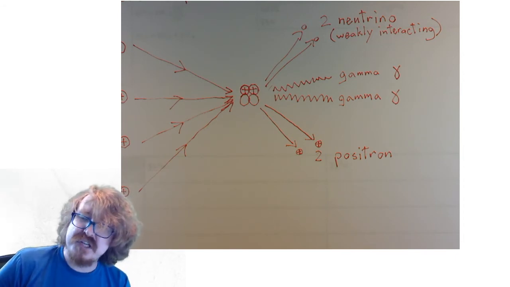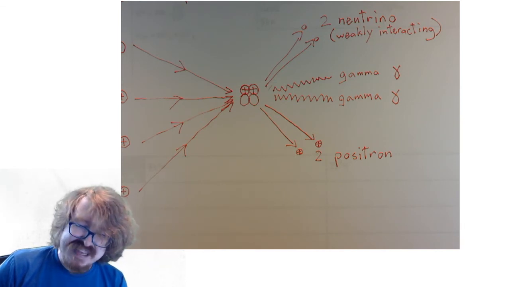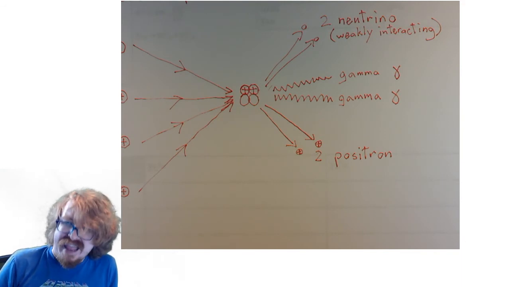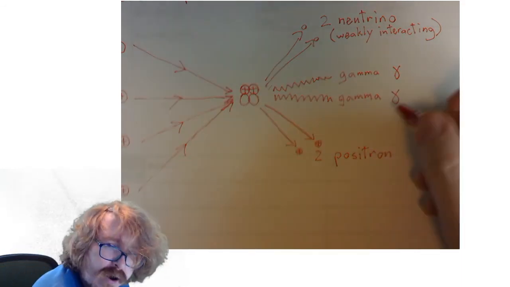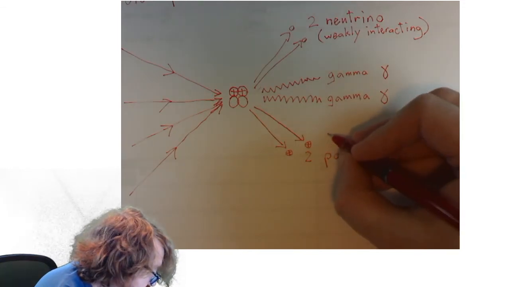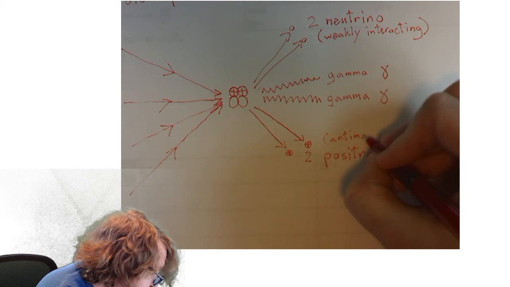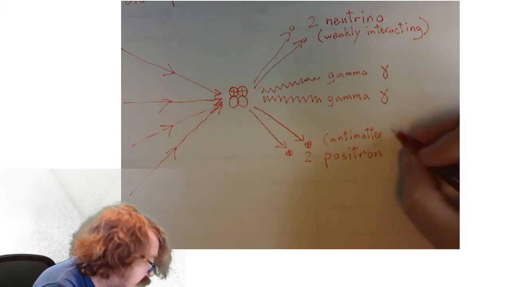Okay, yeah, the positrons are positive. What are they, though? It's a little bit weird. Positrons are antimatter electrons. Have any of you ever heard of antimatter?